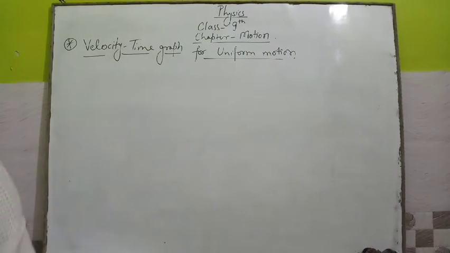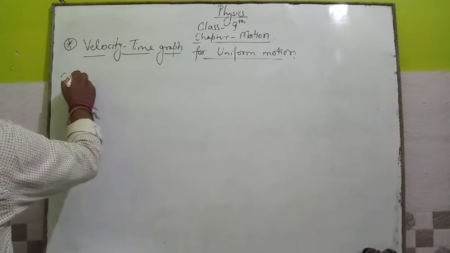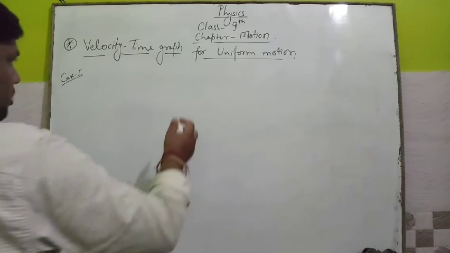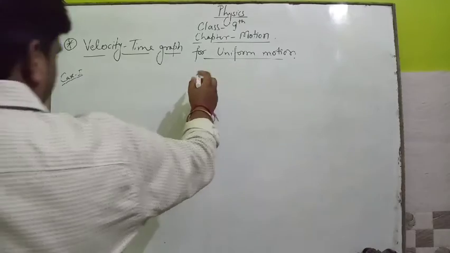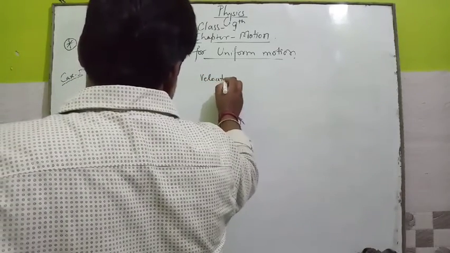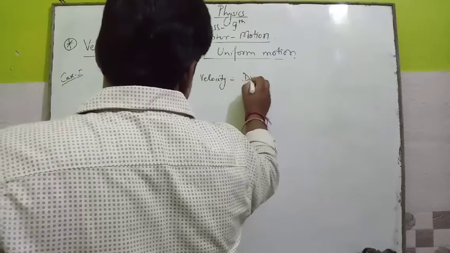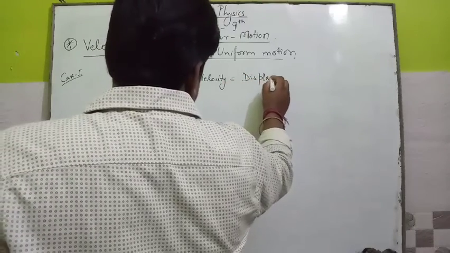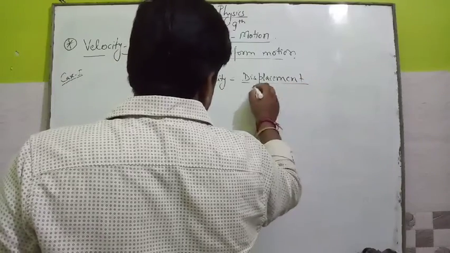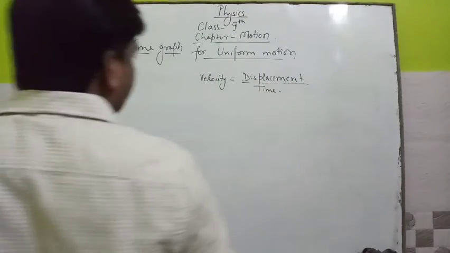Case first. As we know, the formula of velocity is equal to displacement upon time. Clear?